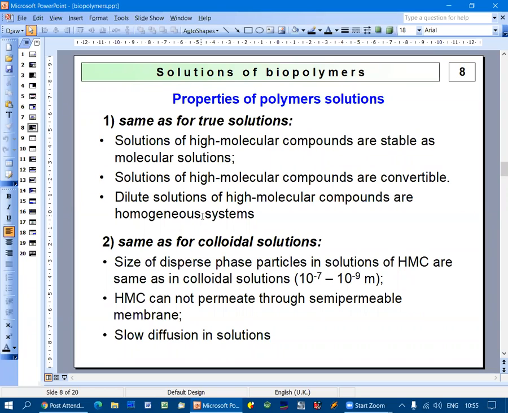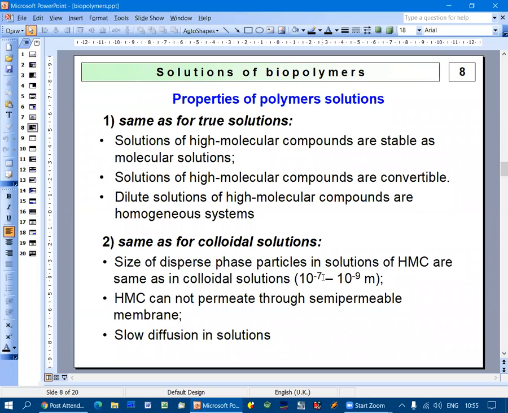Even if it is a homogeneous system, the size of the dispersed phase, the size of particles of high molecular weight compounds, is the same as in colloidal solution, up to 10 to the minus 7 meters.